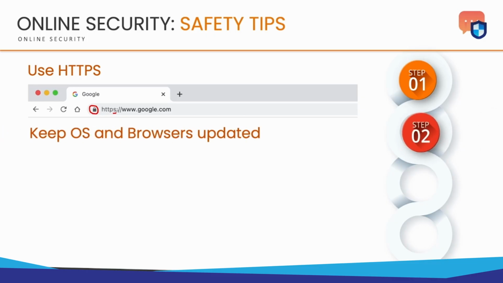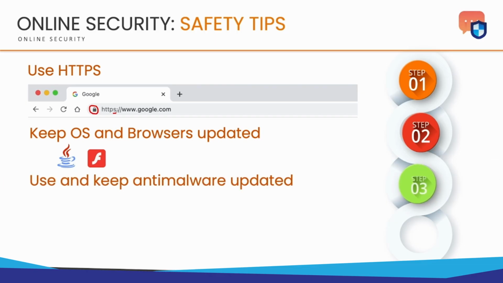The second point is that you should always keep your operating systems and browsers updated. And when we talk about browsers or operating systems, two things which are very important to keep updated are Java and Flash versions. Because a lot of times these two are exploited extensively by malware.